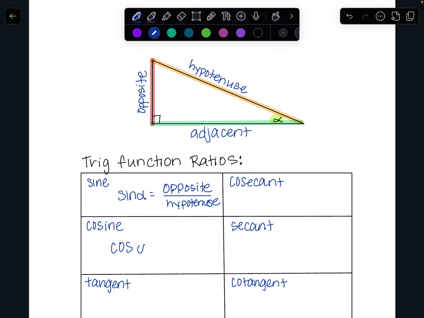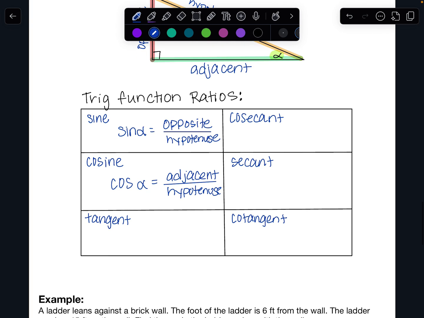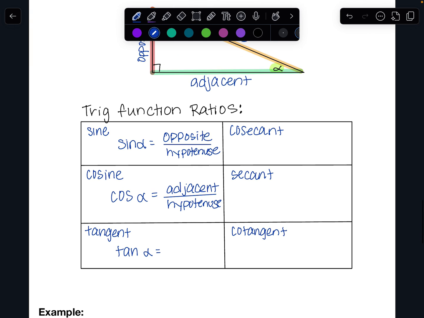Cosine of the angle is equal to the adjacent over the hypotenuse, and tangent of alpha is going to be the opposite over adjacent.